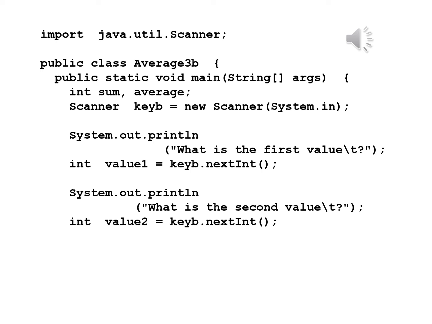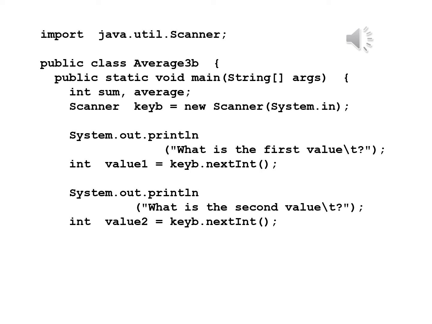And now one by one, I'll read the three values to average. System.out.println, "What is the first value?" The \t that you see there is a tab, and I tab over from the end of that line with a question mark. This is where the value will be written in. int value1 = keyboard.nextInt(), and now value1 has a value from input.